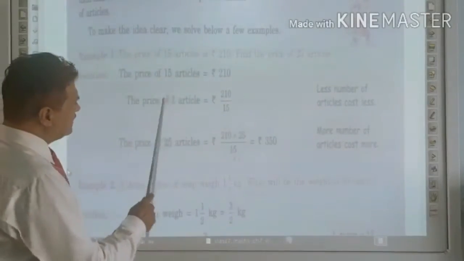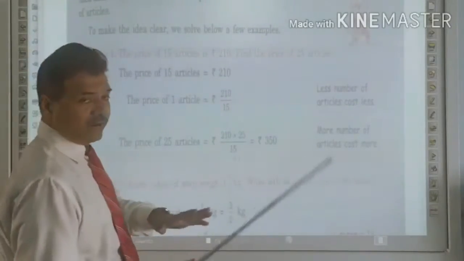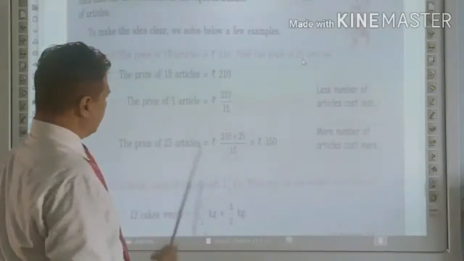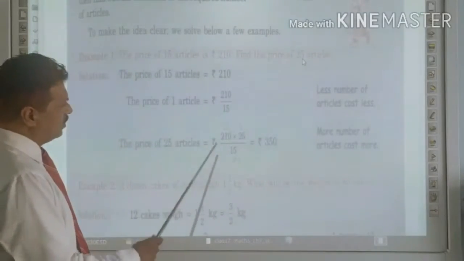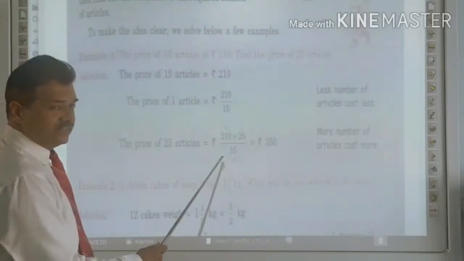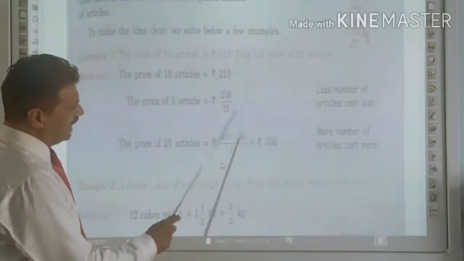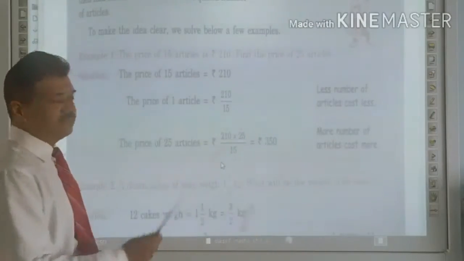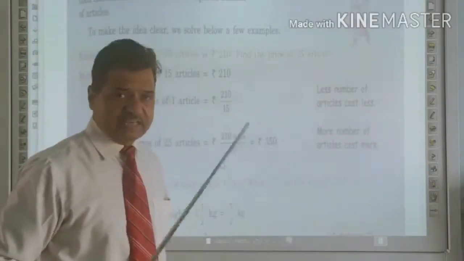That is the cost of 1 article. And we want to find many, 25, so 25 is equal to 210 upon 15 into 25. Here we multiply by 25, and we get 350 as the cost of 25. Okay students, now next.